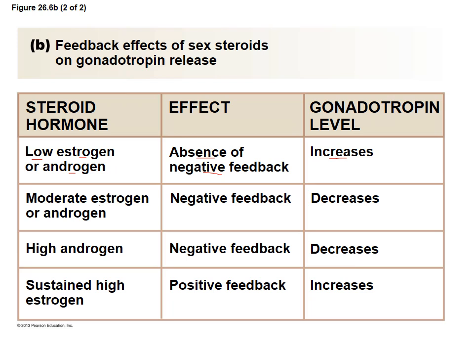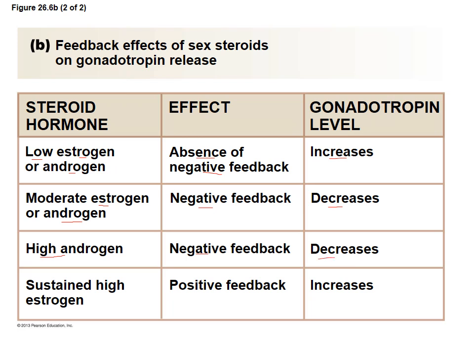Now, as the steroid concentrations moderately increase, this is when negative feedback is introduced. This is still quite normal, which means that the negative feedback will decrease the release of FSH and LH.